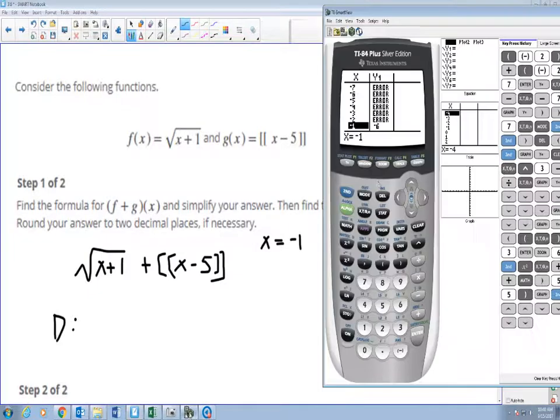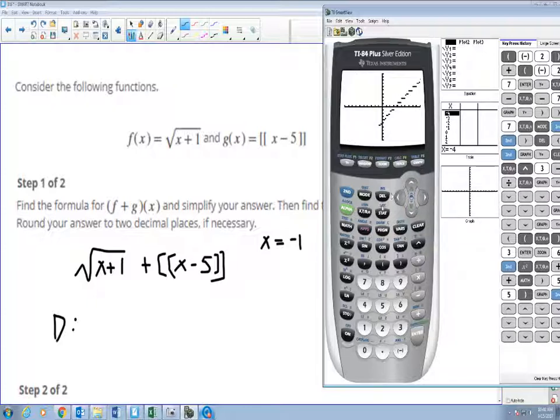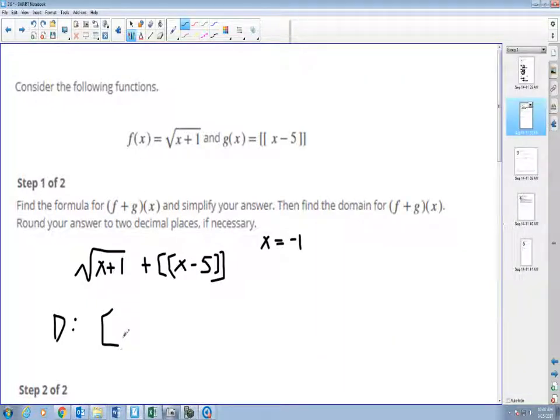So now my domain starts at the x value -1 and keeps on going to the right, based on the graph. That would be bracket -1 to infinity. The minus 5 just makes the step function shift over 5 places, but the domain still starts from -1.